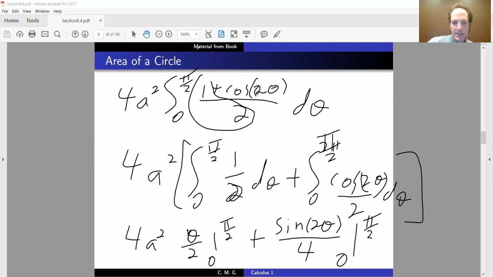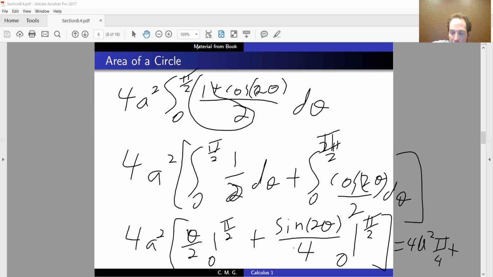So we're almost done here. Evaluating this, and that 4a squared is times that whole thing. I put pi over 2 into the numerator, pi over 2 over 2 is pi over 4. So I get a squared and pi over 4. Plus the sine of 2 times pi over 2 is the sine of pi.